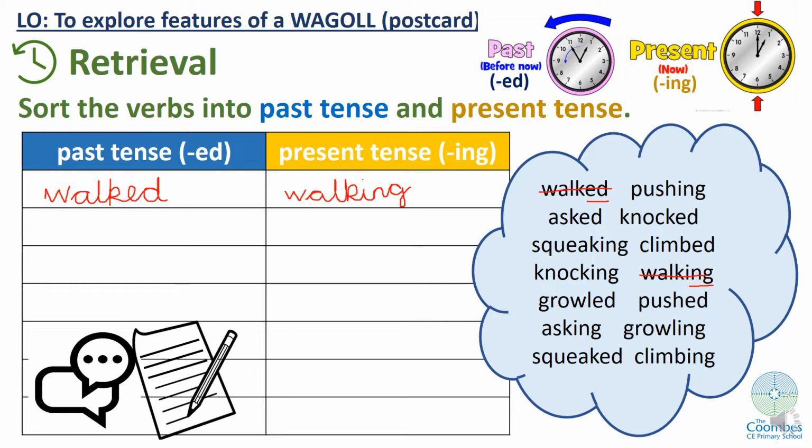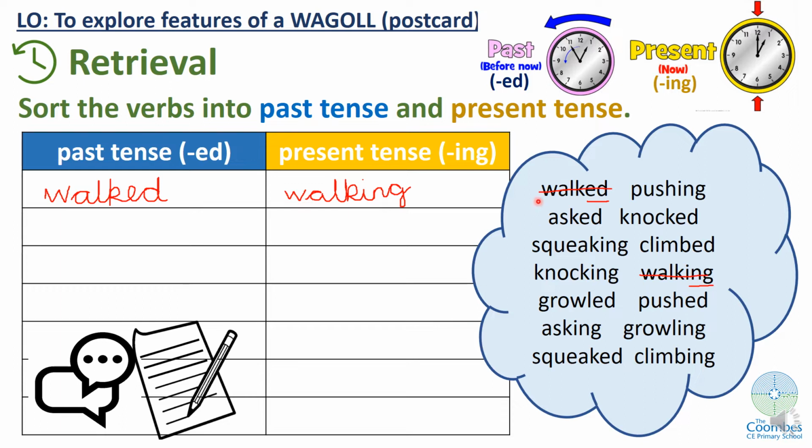So what you need to do now is pause the video. You can discuss it, or you can get a piece of paper and copy down the table like I did and write all of your past tense verbs and all of your present tense verbs. Let's quickly go over the verbs so we know what we are writing.